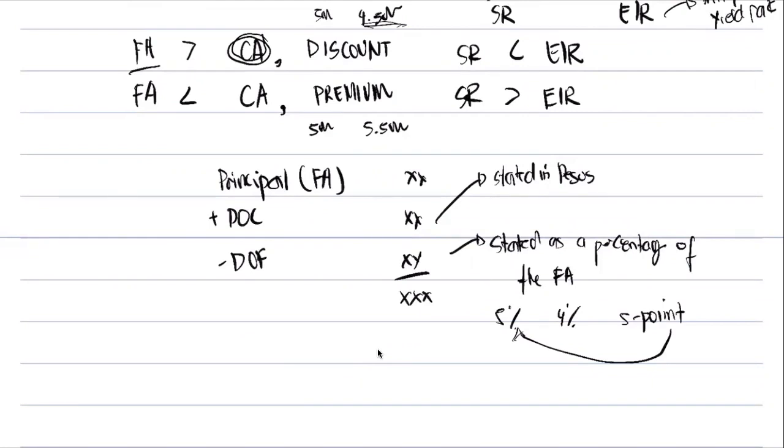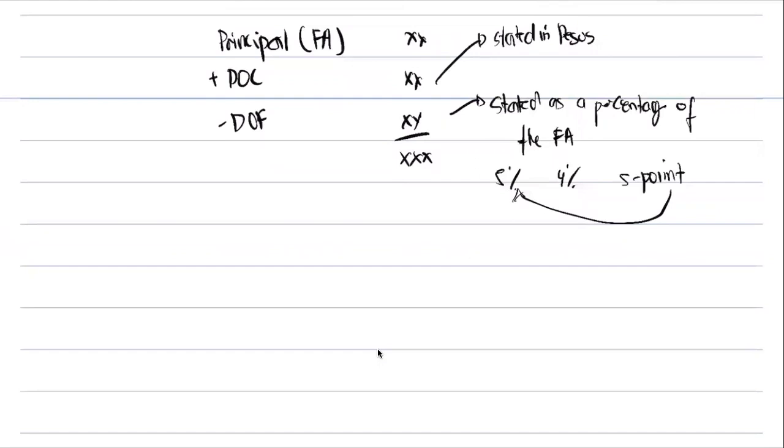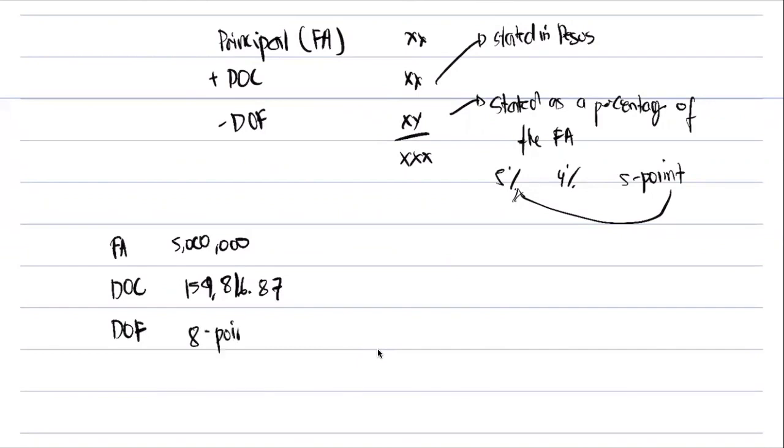Okay? So, let's have an example. You granted a contract of loan with a face amount of 5 million pesos. You incurred direct origination cost of 159,816.87. And you charge a direct origination fee, which is equal to 8-point origination fee. So we compute for the initial carrying amount.